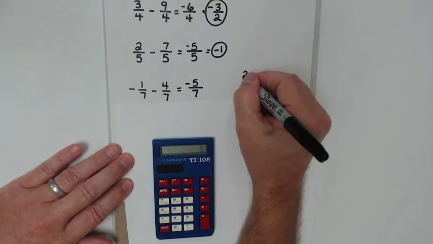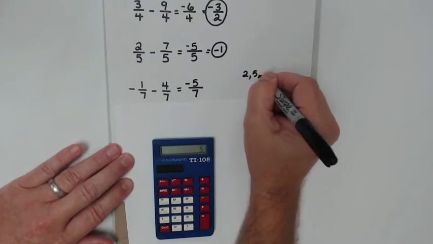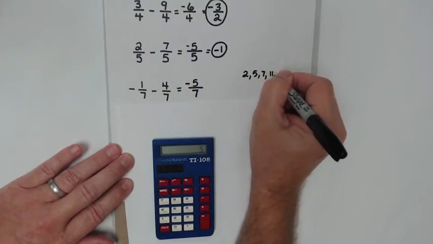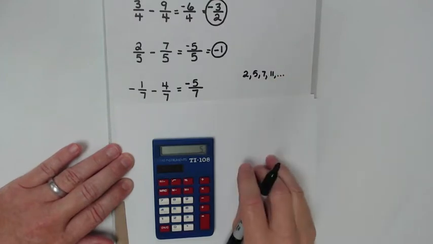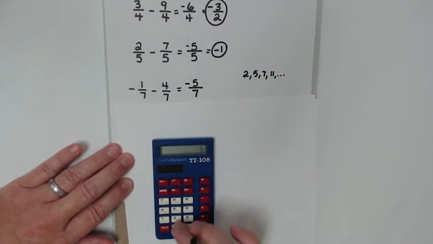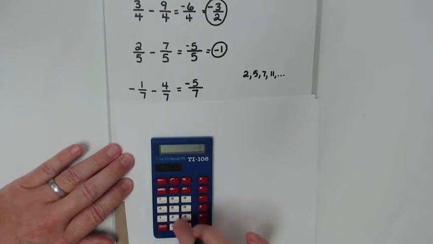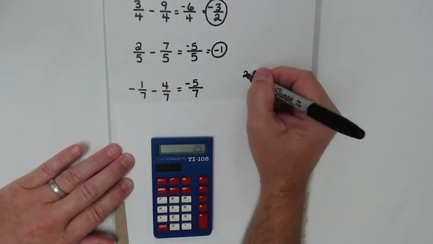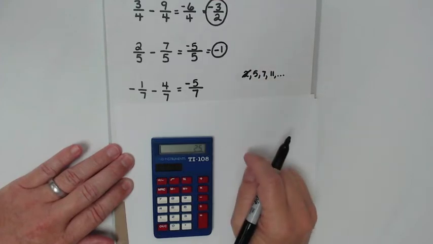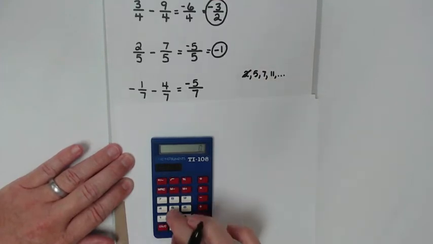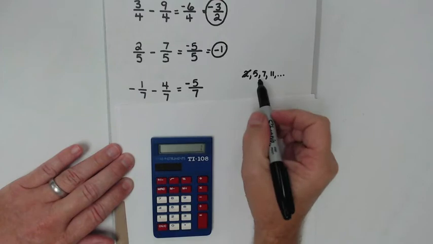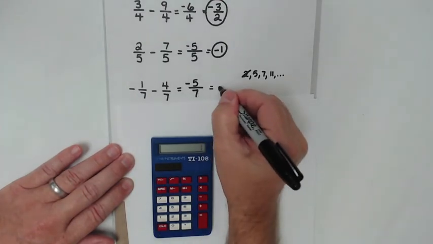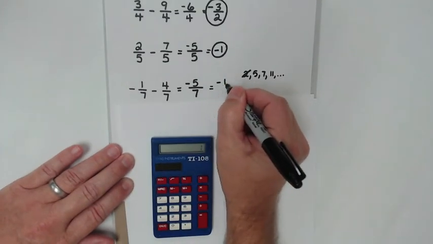I need to see if it needs to be simplified. So I'm going to use my prime numbers to see if I can simplify this. Start off with 2. 5 divided by 2, decimal. 2 doesn't work. Let's try 5. 5 divided by 5. 5 will go into this 5 right here one time, and I'm going to bring my negative sign over.